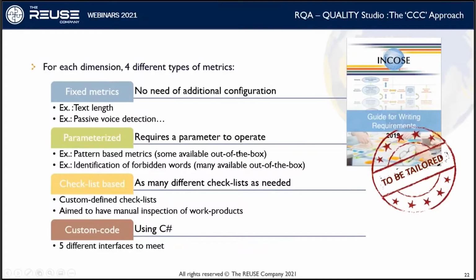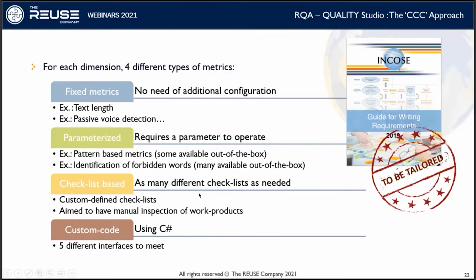Parameterized metrics, like use of a specific pattern to detect one thing we want to have in a requirement, or on the contrary, something we have to avoid. Same for the words, or some group of words that you want to avoid. Then we have checklists.